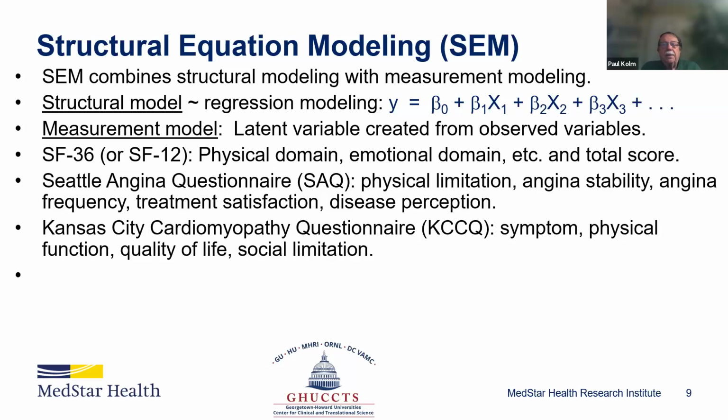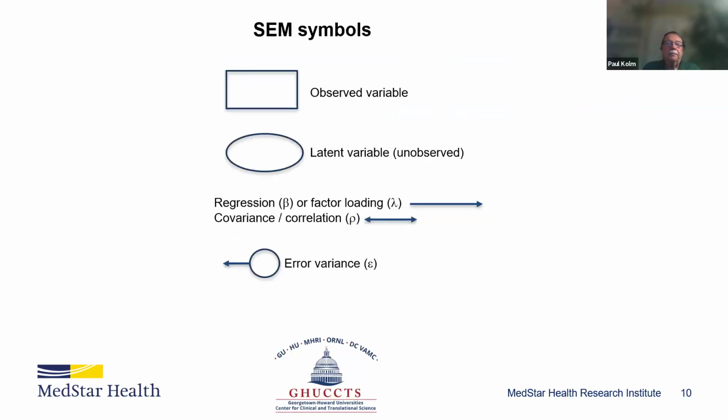And for the KCCQ, we have symptom, physical function, a quality of life dimension, and a social limitation dimension. And so these are all latent variables. That is, it's not observed directly, but it's believed to be made up by other observed variables that we get some actual measurement on. So we'll give you some examples of this as we go along here.